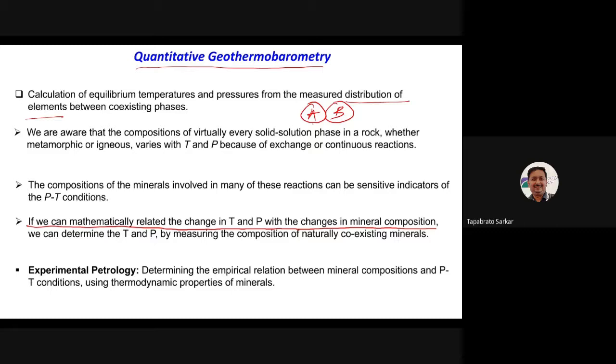Now, if this change in composition of A and B can be mathematically related to the change of temperature and pressure, let's say from 500 to 600, by doing experiments in a controlled system, then we can use that relation for any compositions of naturally occurring minerals A and B and find out the temperature and pressure at which they formed. That's the basic background.